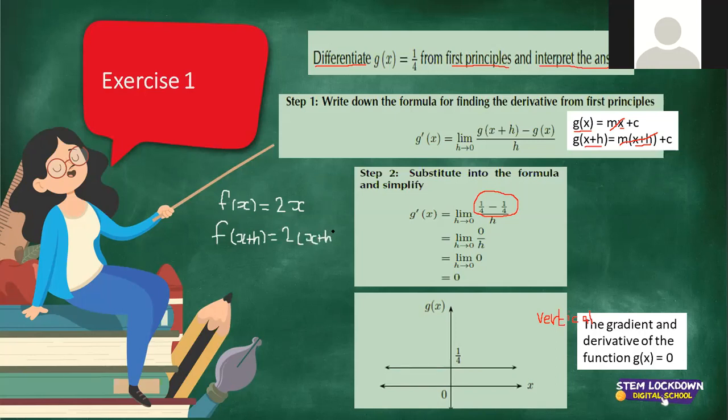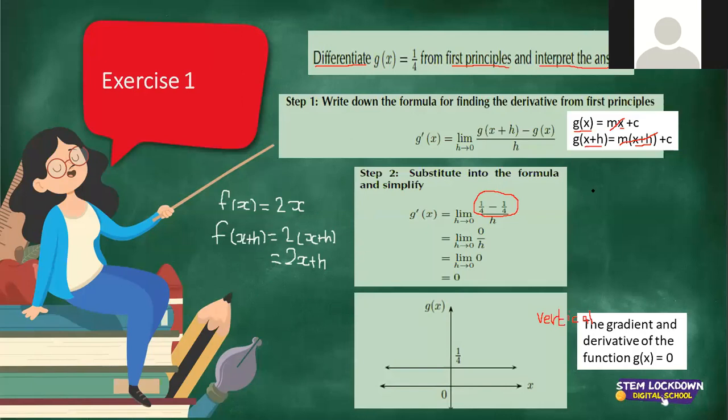Can you see the difference now? Because in this case, we didn't have a term with an x, but with this question, you have a term with an x. So in the place of x, you replace with x plus h. So this simply means that your f of x plus h is 2 times x plus h. Okay.